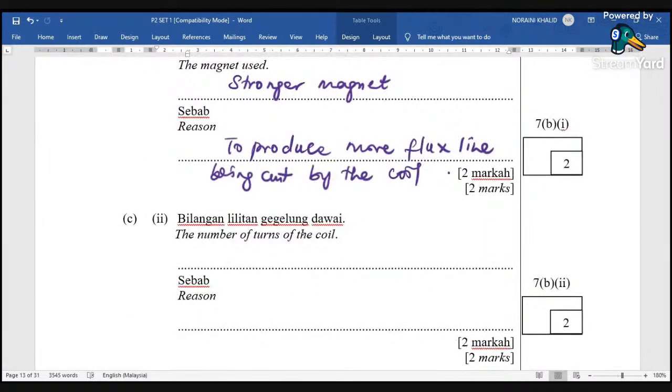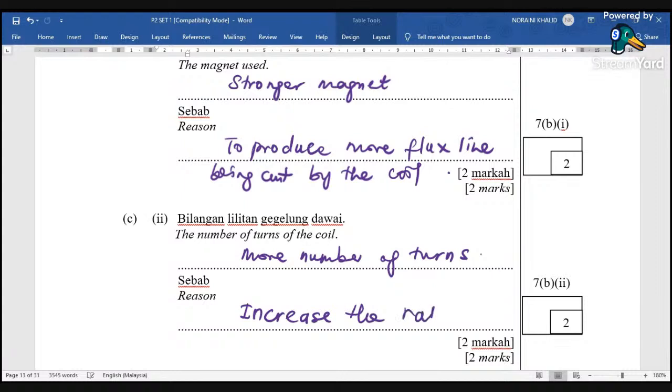The number of turns of the coil, more number of turns. Reason: increase the rate of cutting of magnetic flux.